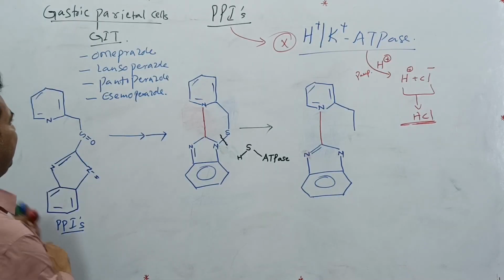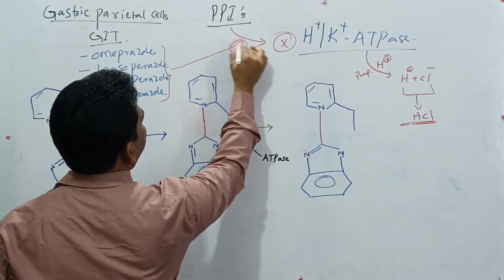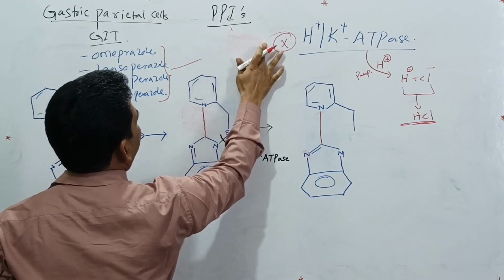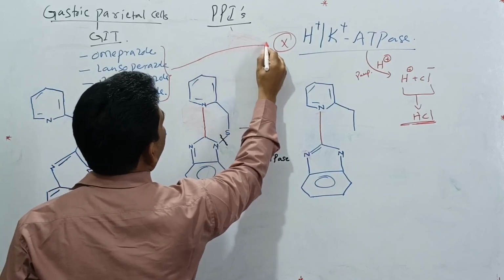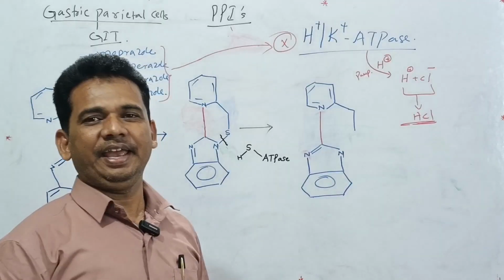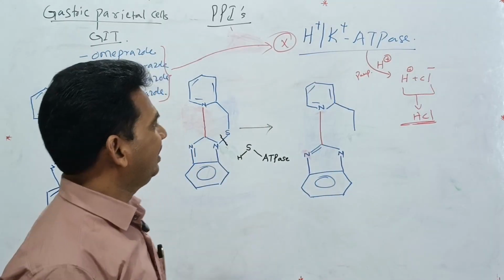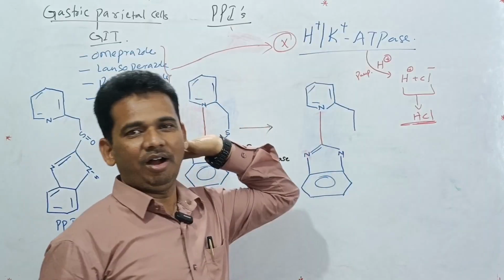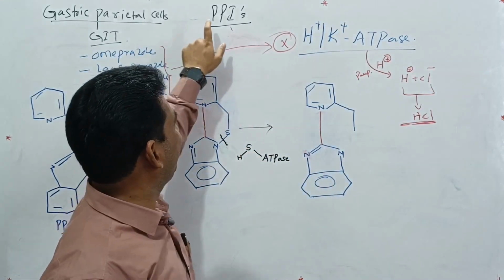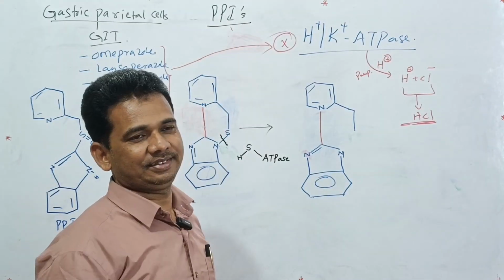All these drugs prevent the enzyme called H+ K+ ATPase. That's why it does not pump the proton and there is no acid secretion, and that's why they are called proton pump inhibitors.